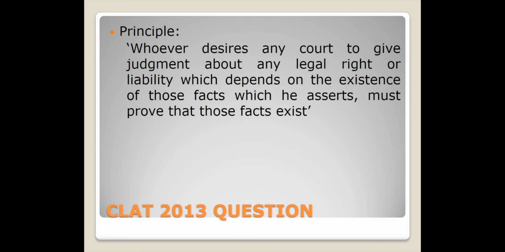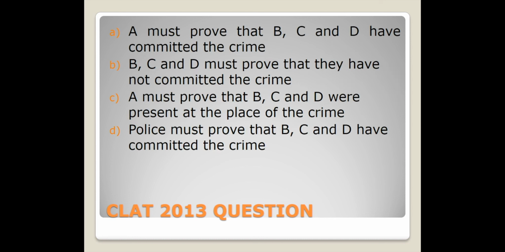Thus, it is his duty to prove that the fact that B, C, and D were in a criminal conspiracy exists, for him to get the judgment in his favor. Thus, the answer in this particular case will be A. A must prove that B, C, and D have committed the crime.